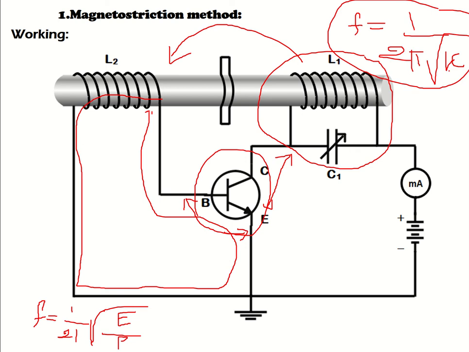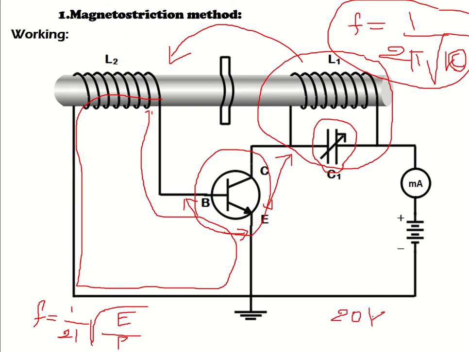So we can set the frequency of oscillation of the tank circuit by varying C1, by setting the value of C1 in such a way that the frequency of the electric signal which is passing through the L1 and L2 coil is beyond 20 kilohertz.